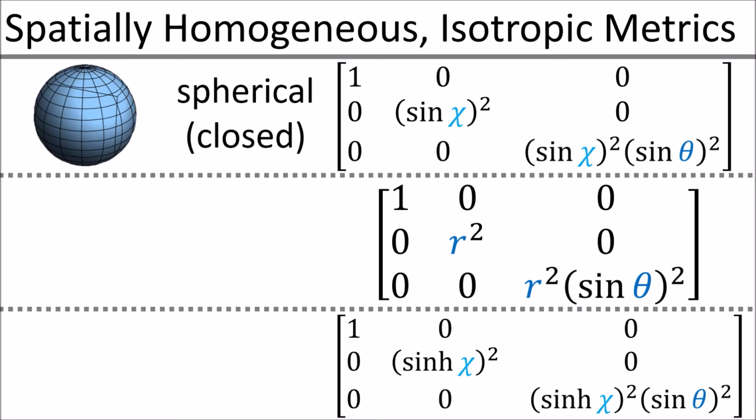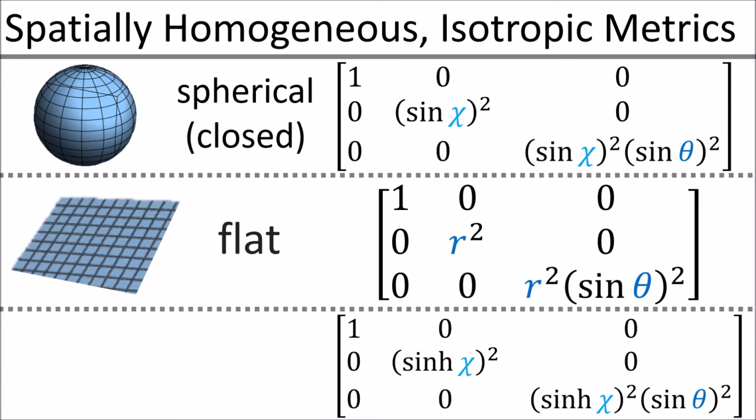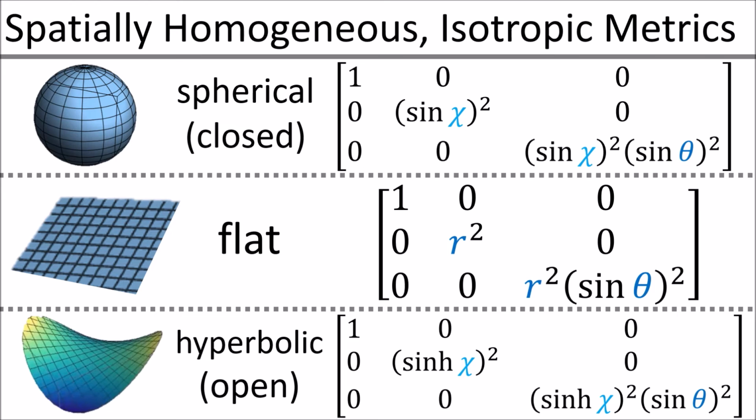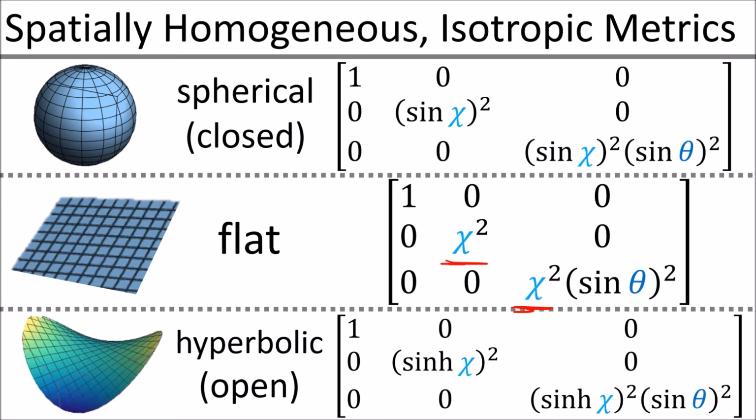The spherical space, also called closed because the space is finite, the flat space, and the hyperbolic space, also called open because it goes out to infinity. And for consistency, I'm going to replace the flat space's r variable with chi.